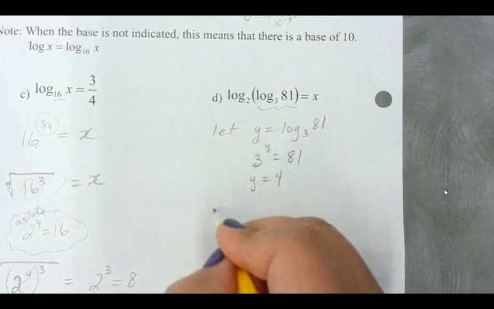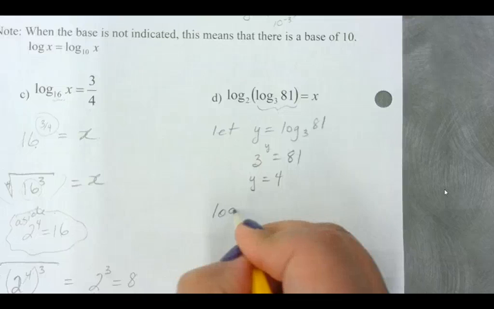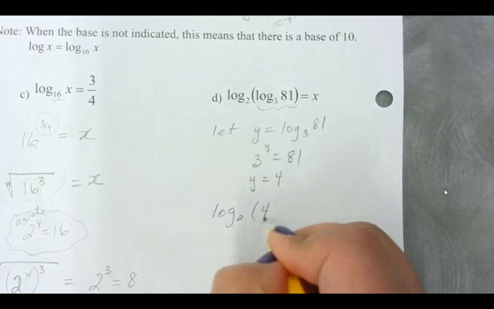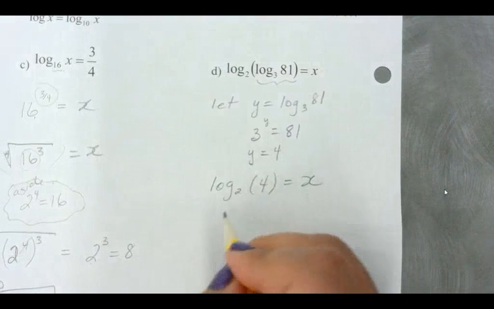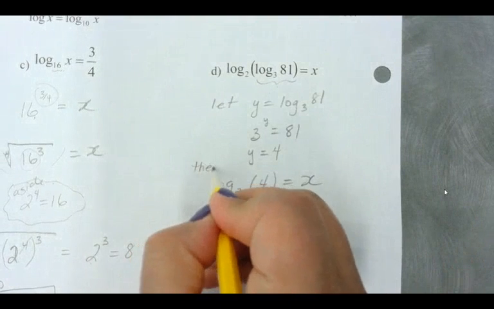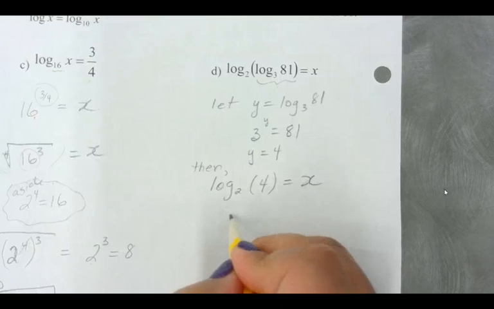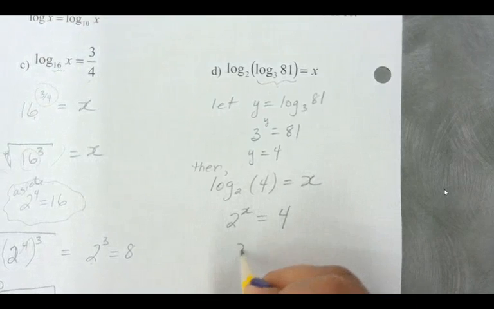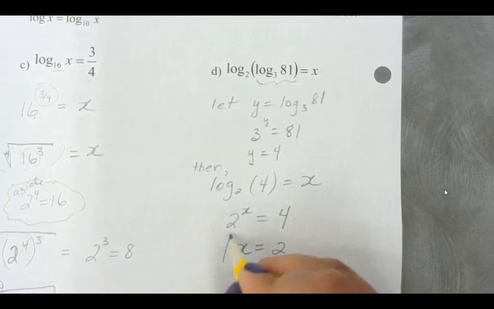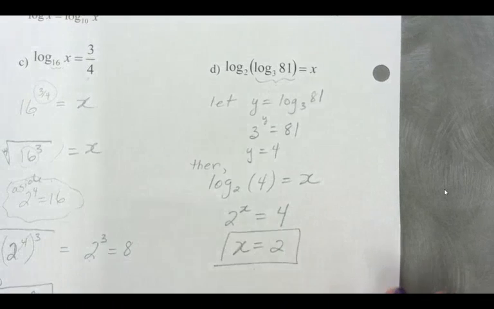Okay, now I can rewrite the question as log base 2 of 4 equals x, and then I can evaluate this. So that is 2 to the power of x is equal to 4. What is x equal to? 2. Perfect.